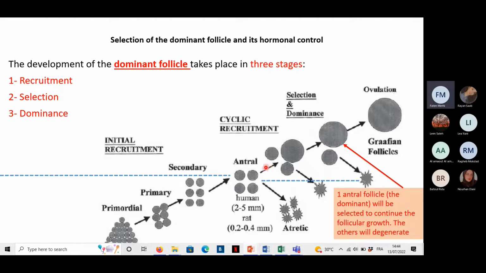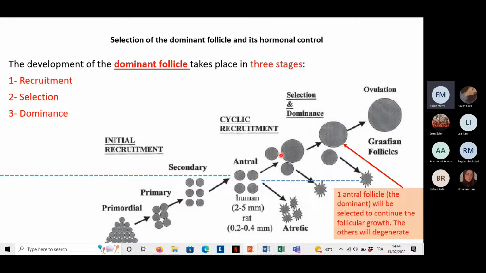And among those antral follicles that engage their development, we say they are recruited, and this is the recruitment process. So at the beginning of each menstrual cycle, under the action of FSH, a pool of early antral follicles will be recruited to develop into more mature follicles.